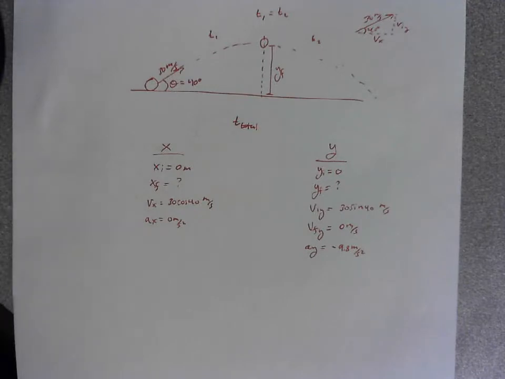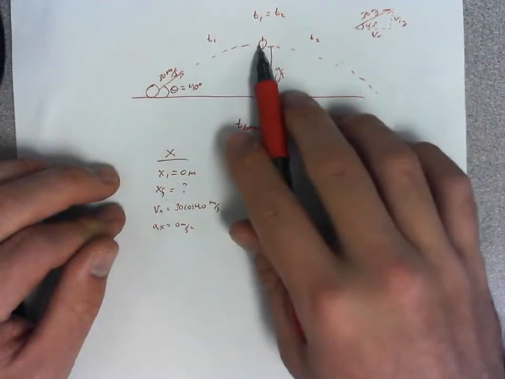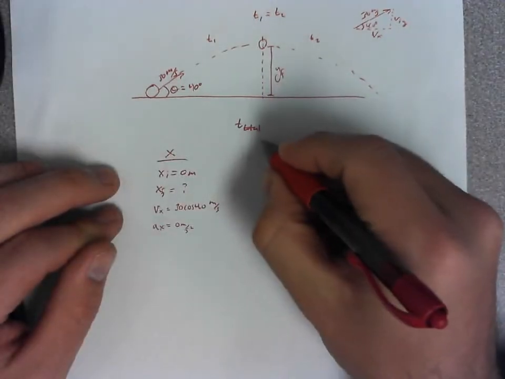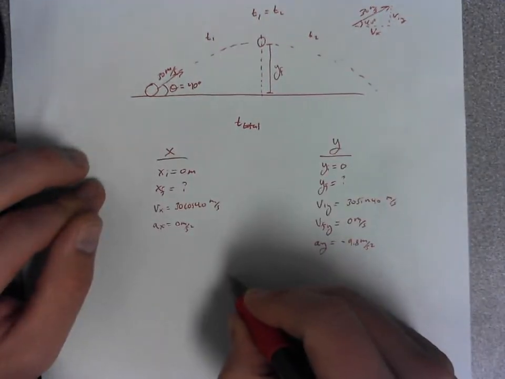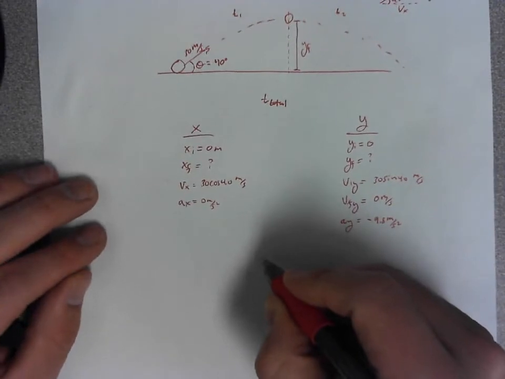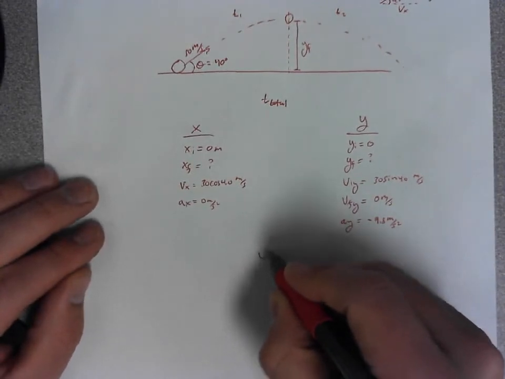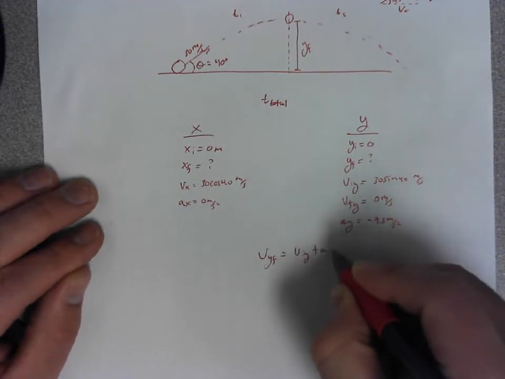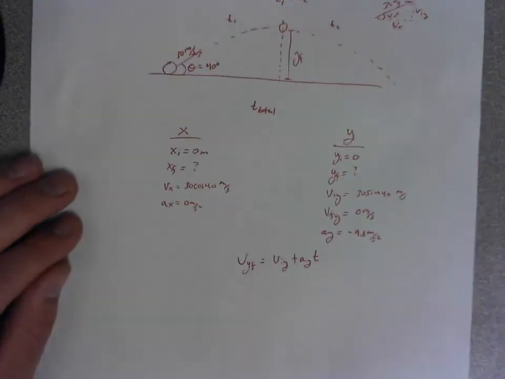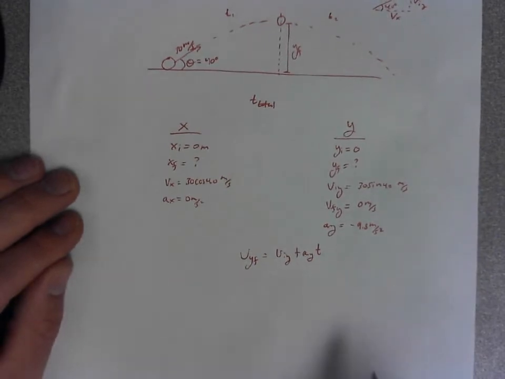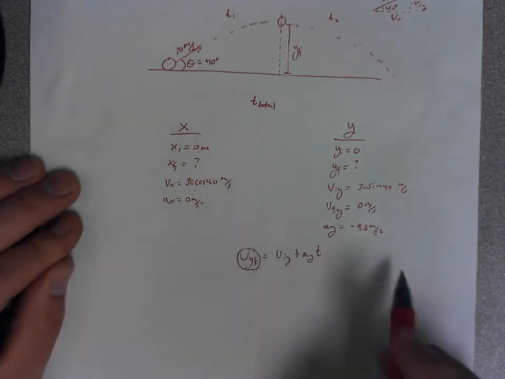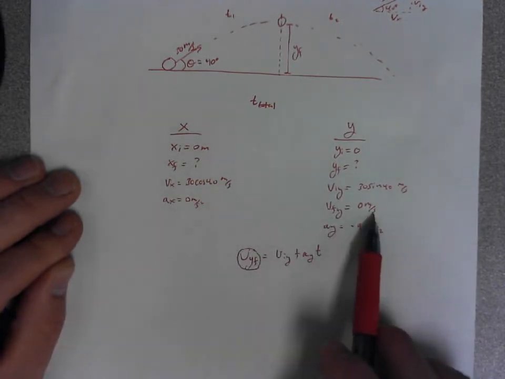So here we just want to know T1. In this case we have a couple of options. I've got a lot of equations I can use. This is the easiest one to solve for T1, in my opinion. I use this equation because I can plug in that defining feature, the thing that tells me I've reached the top.